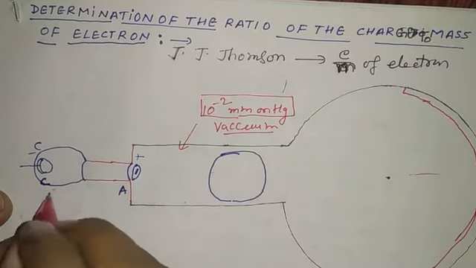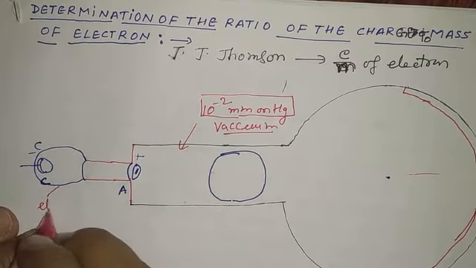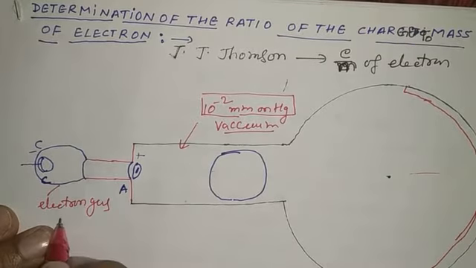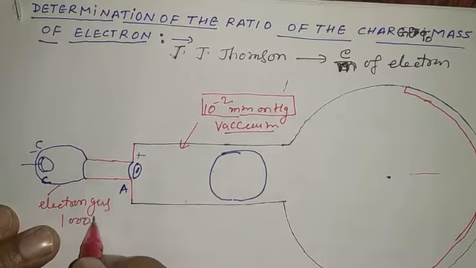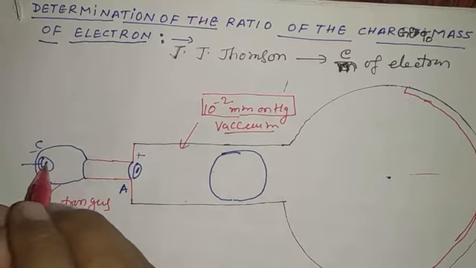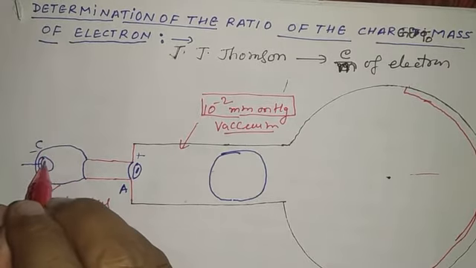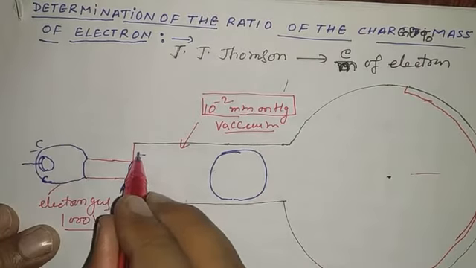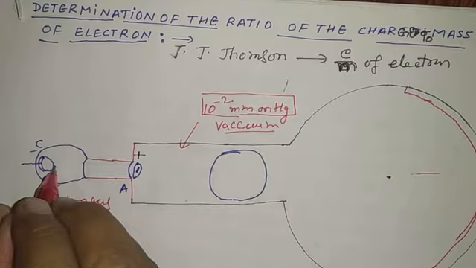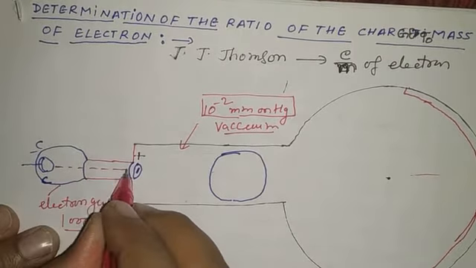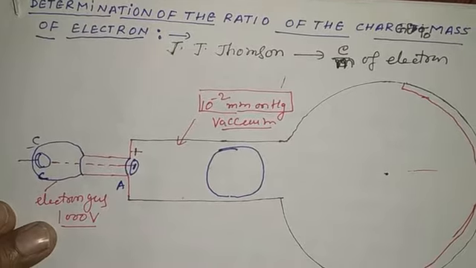Here is a device, an electron gun, in which around 1000 volts is applied. When the cathode gets heated, it emits electrons, and due to the strong positive potential, this beam of electrons is accelerated towards the anode plate.